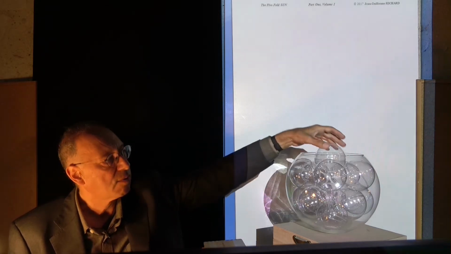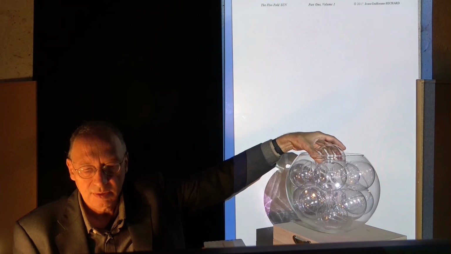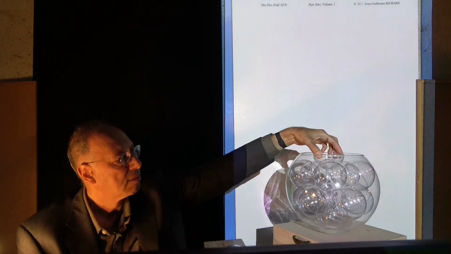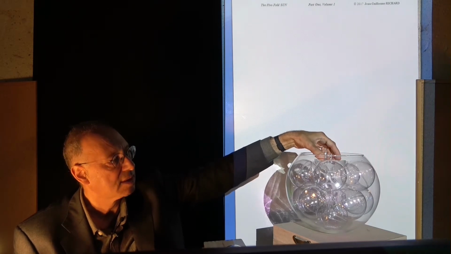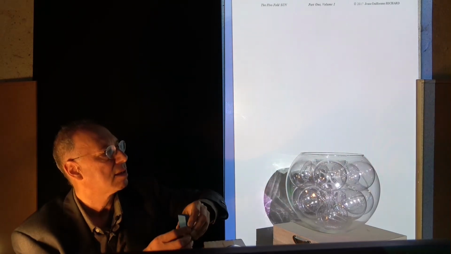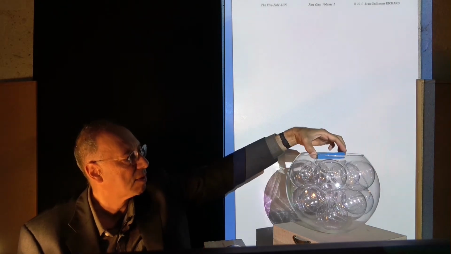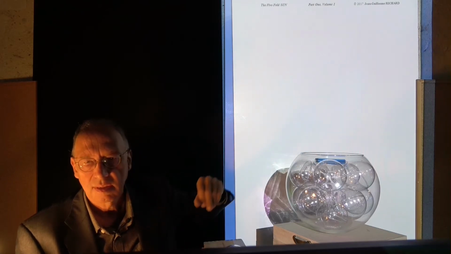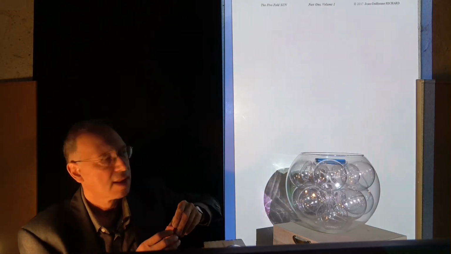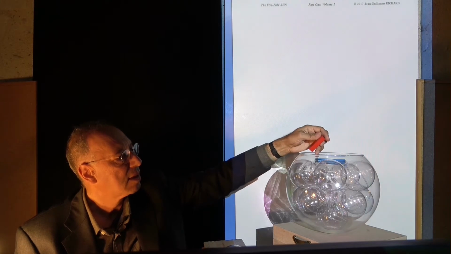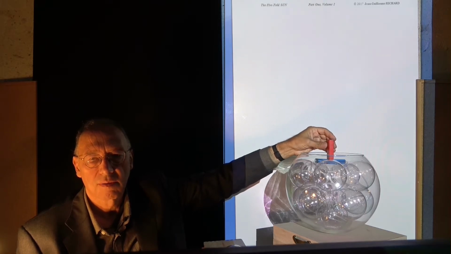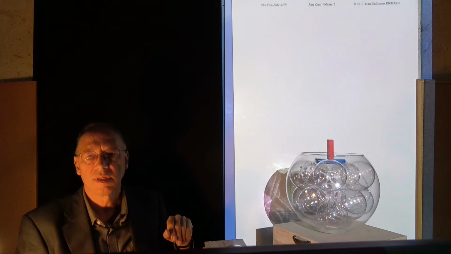So if we now look a little bit more at this equator, we find that this equator of one of the 12 smaller balls, which lies in this approximate plane, includes the center of the smaller ball, which is approximately where I hold this red stick.